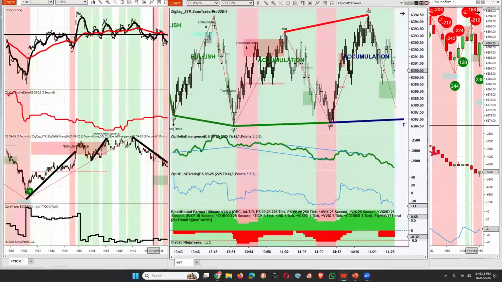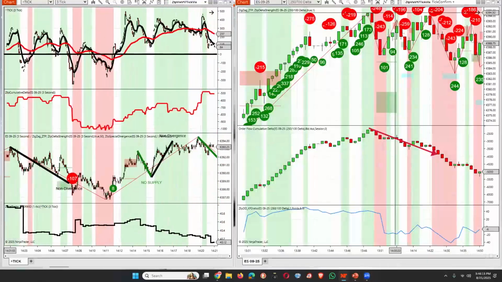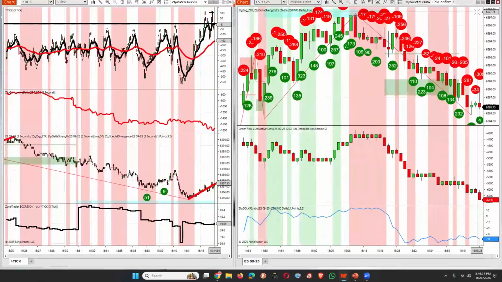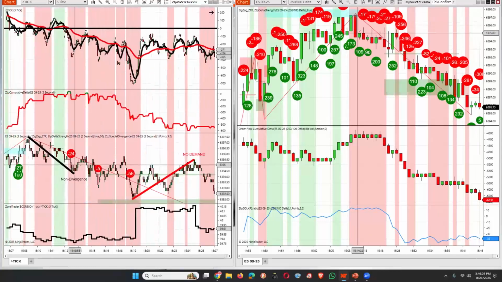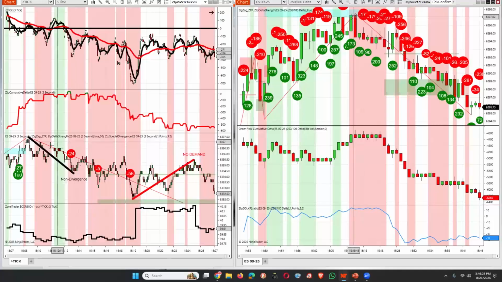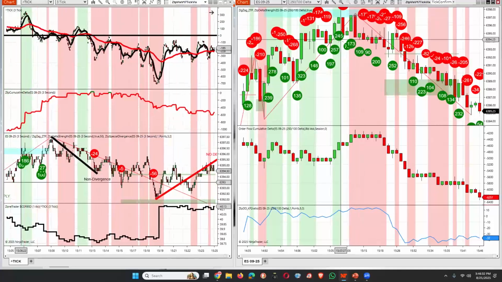Let me bring this back to live. Let me bring the two indicators back to live, because we're approaching the close. Again, I would note how we get right up to my resistance zone.